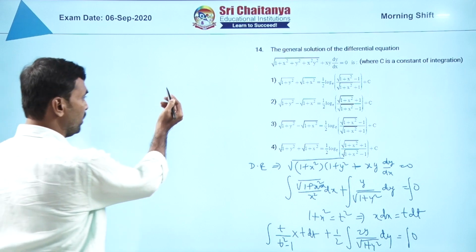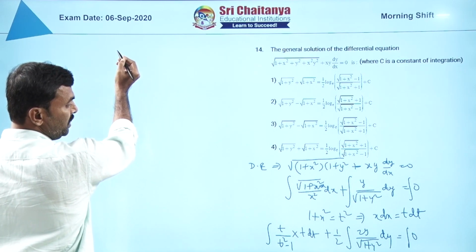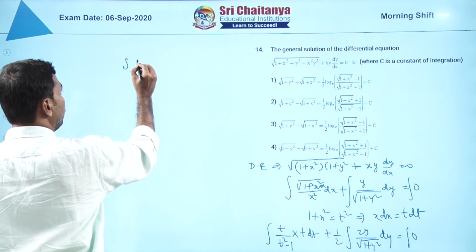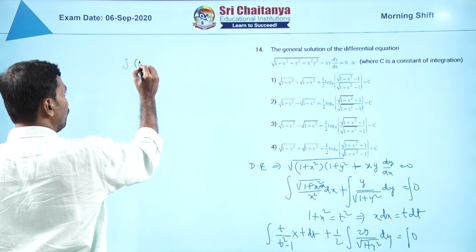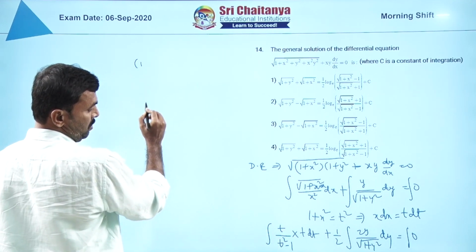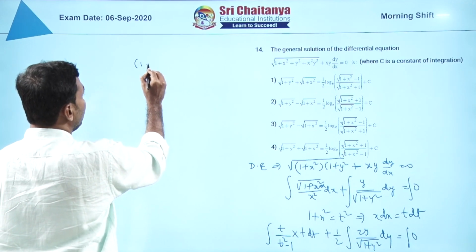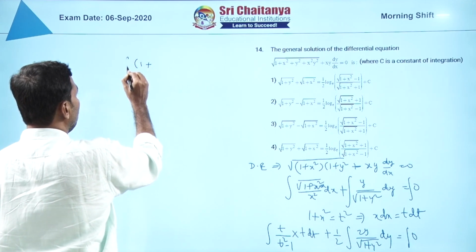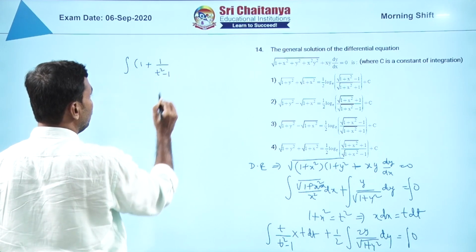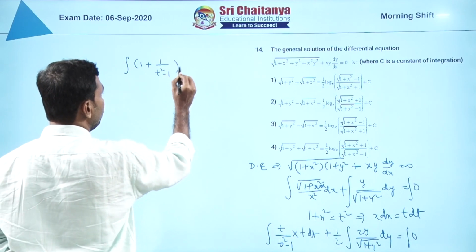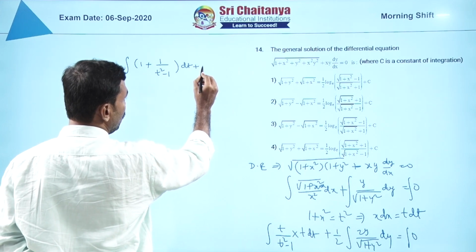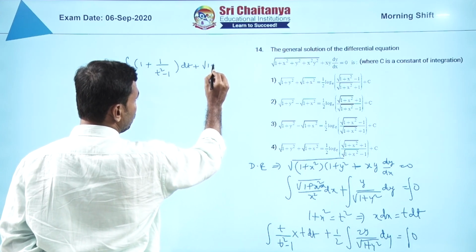Now, I am simplifying here. t square by t square minus 1, I can write 1 plus 1 by t square minus 1, dt, plus root over 1 plus y square.